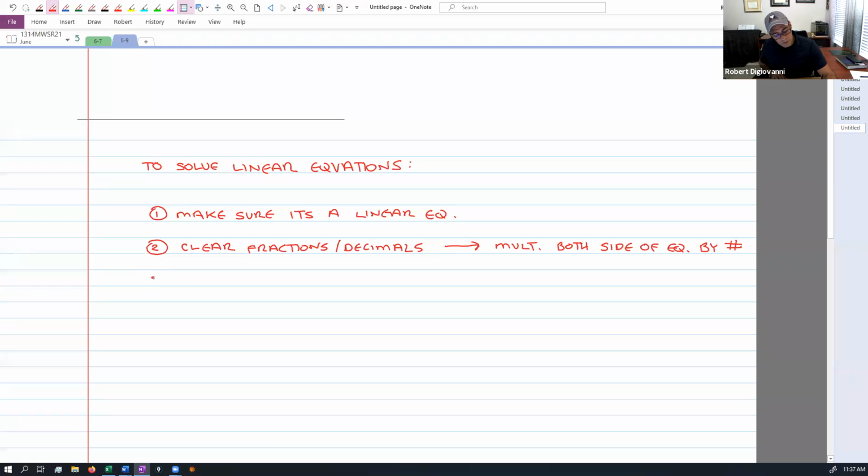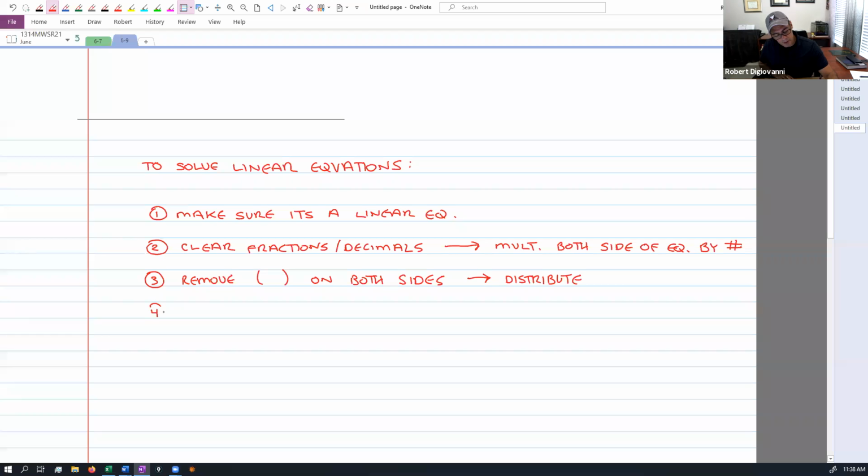The next thing we'll do after that is to remove any parentheses on both sides. And to do that, we will have to do something called distribute. And again, you'll see as I do some examples how this is going to work.